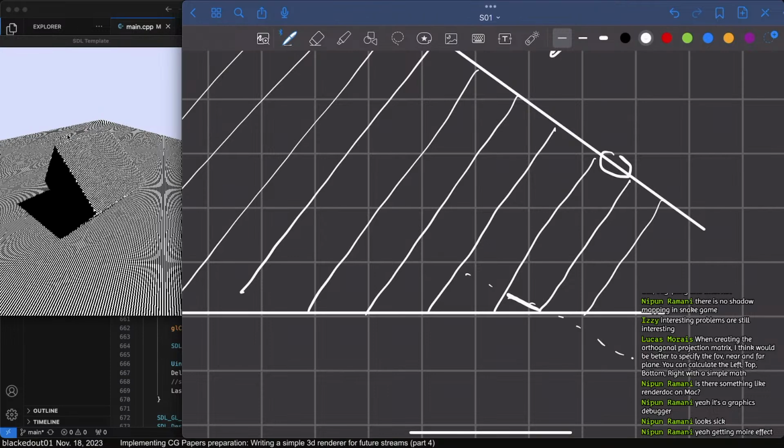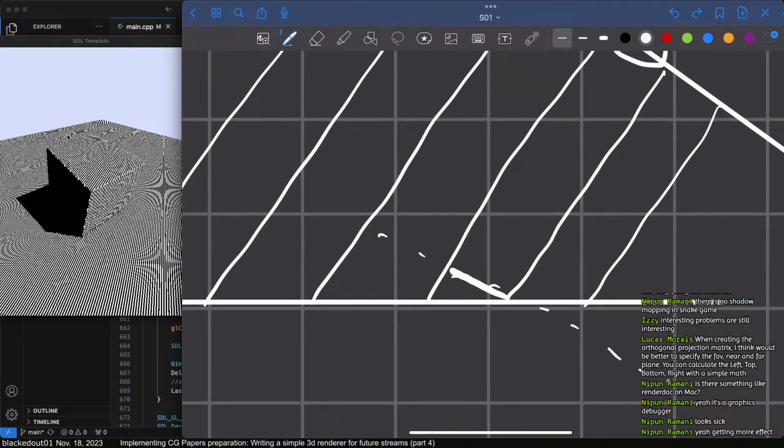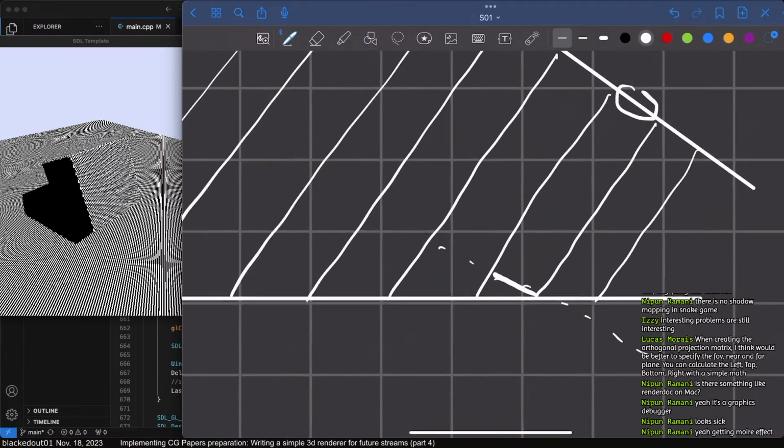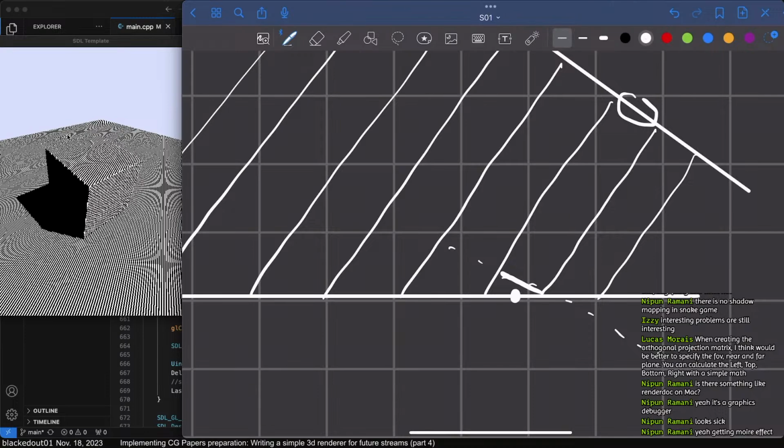But as you can see, these are all slightly moved. So if you were to look at the depth values of each of these positions here, they would all be slightly different. But the pixel just stores one depth value, like this here in the middle.